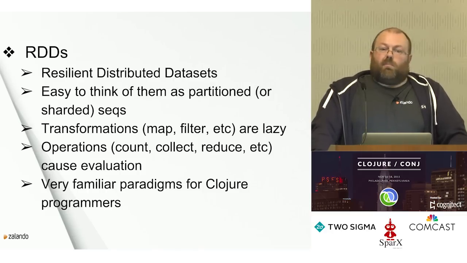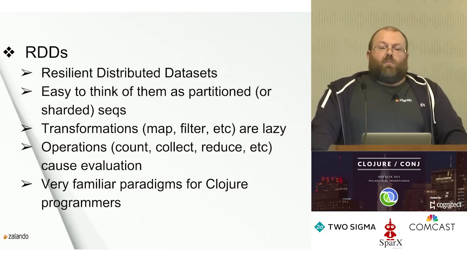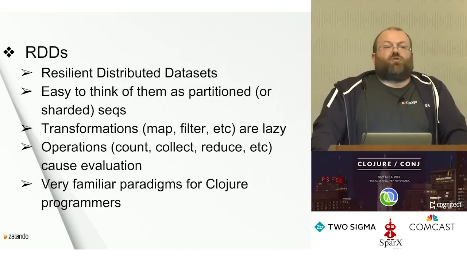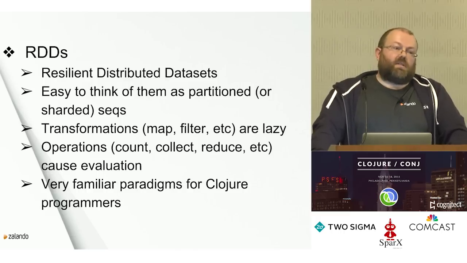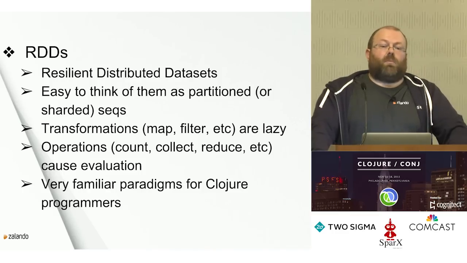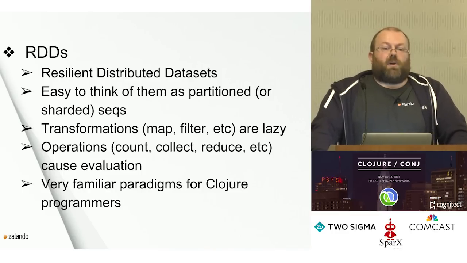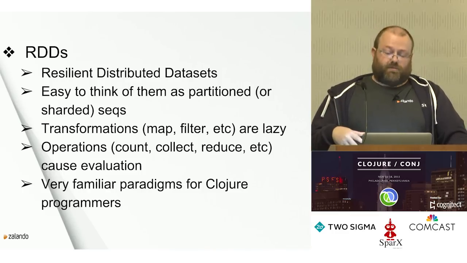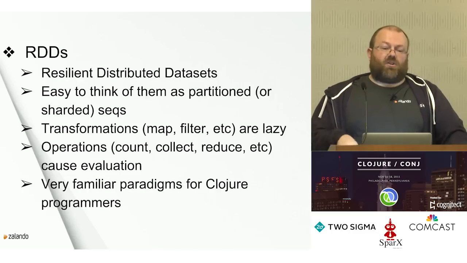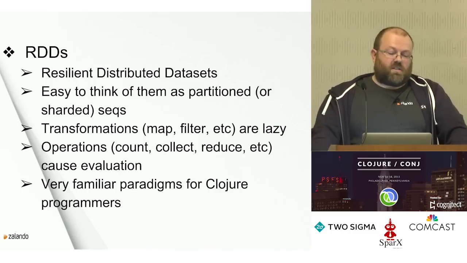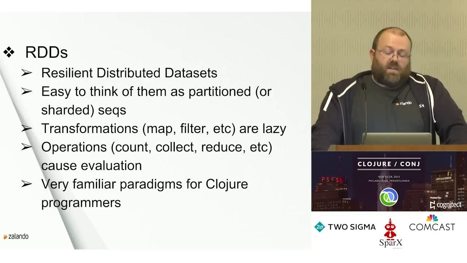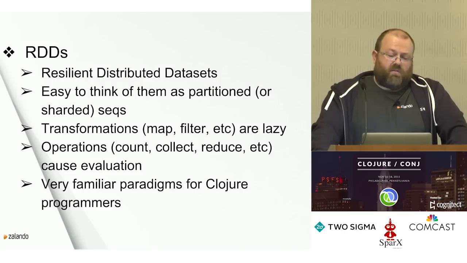You use map and filter operations. Mapcat becomes flat map. But essentially, you can think of them as a distributed, sharded sequence that you can operate on. There's a number of executors that each have partitions or shards, and they operate on these sequences, and you work on them in a very familiar way.